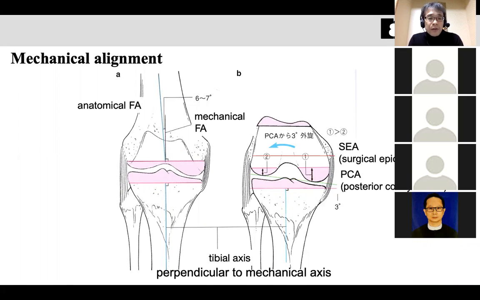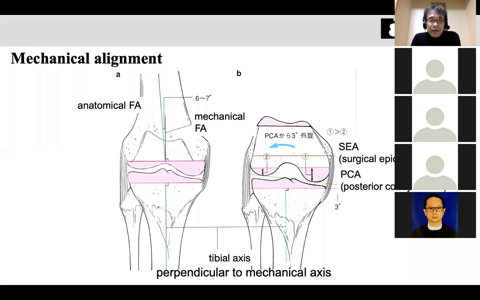Anyway, in mechanical alignment TKA, we cut the tibia and the femur perpendicular to the femoral and tibial axes. But we should also design the rotation axis, that is, the posterior condyle cutting line.